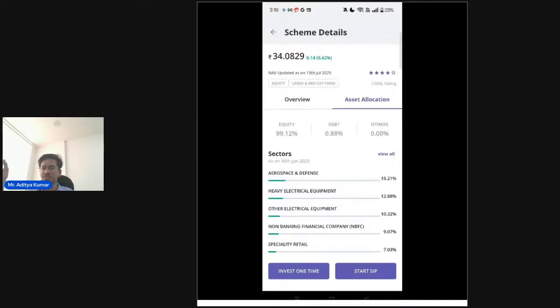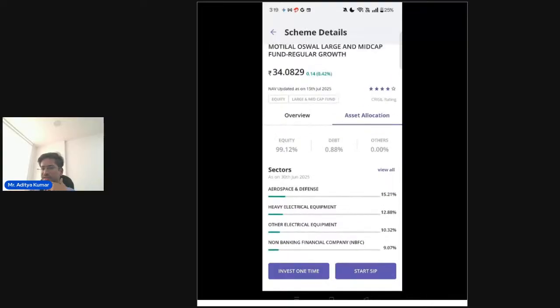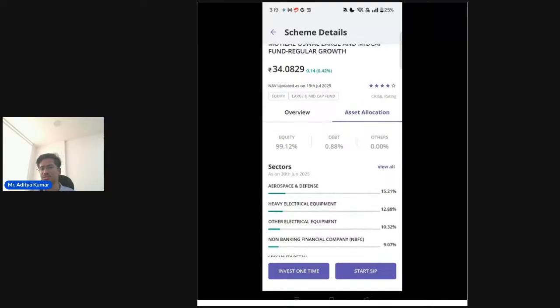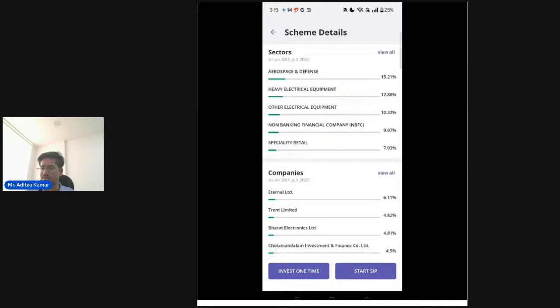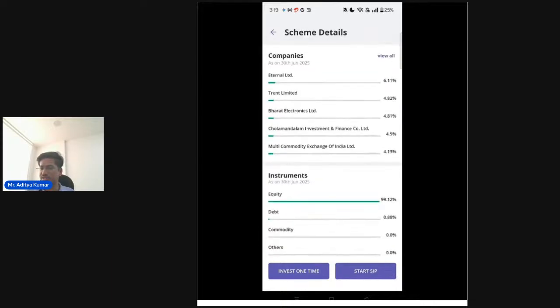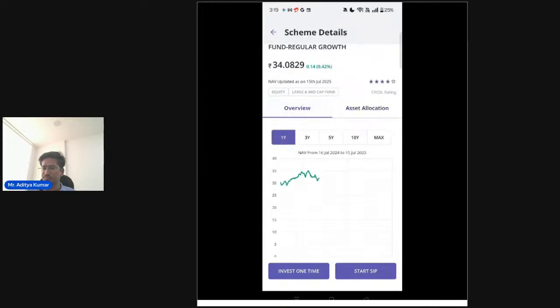Debt is investment in bonds or fixed income securities offering steady returns with lower risk. Others, where nothing is written here, are cash, commodities or small alternative investments for flexibility or safety. So these are the things that you can see, and the companies that this fund is investing in.